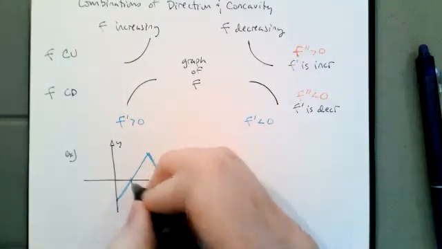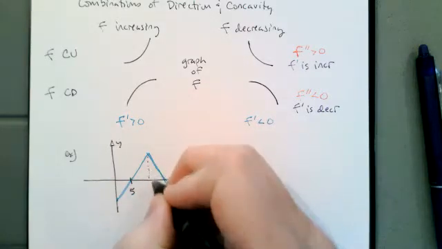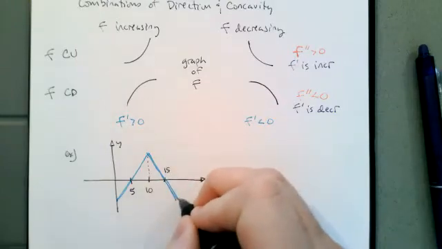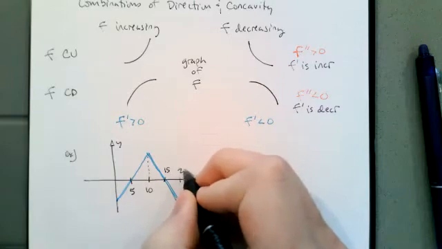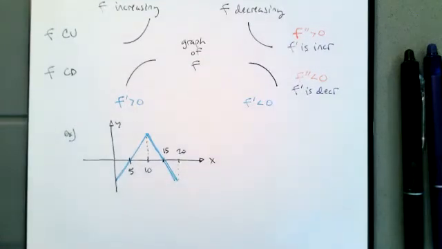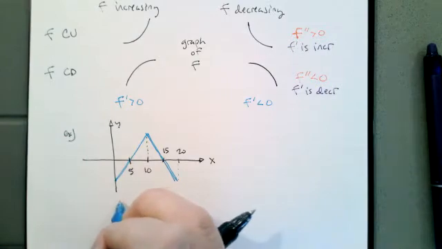Let's say this happens at 5, this happens at 10, this happens at 15, and this happens at, doesn't matter, 20. We'll call it 20 anyway. And let's say this graph that we're looking at is the graph of f prime. This is the graph of f prime.